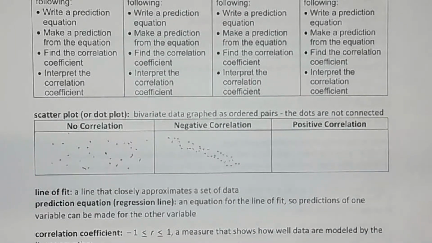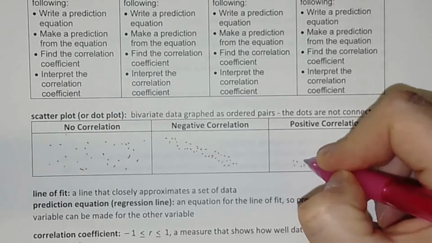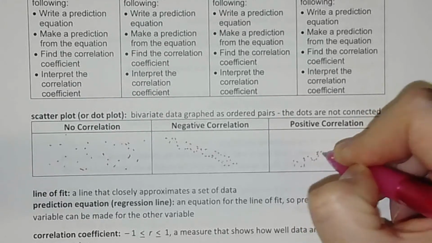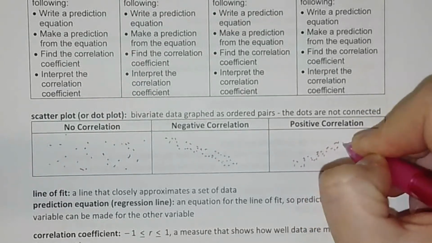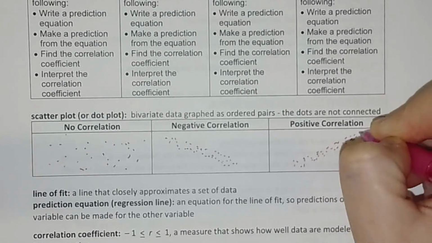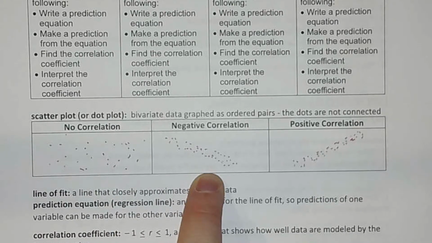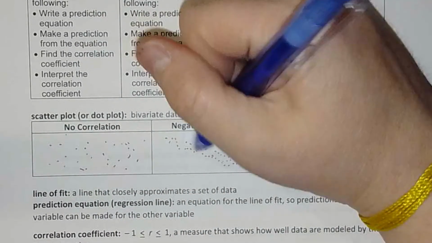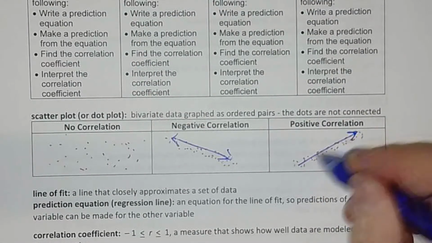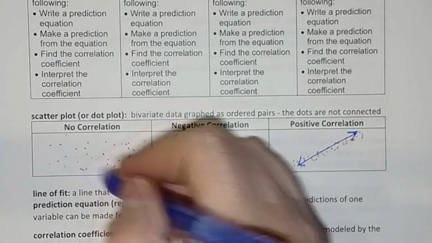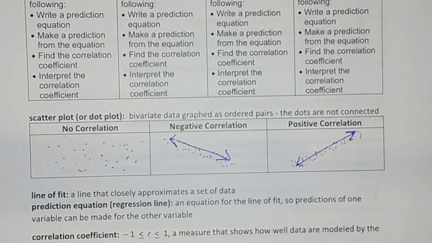And positive correlation is data that forms a positive slope or line. So with no correlation, the data is spread out. With negative correlation, you can form a negative slope or negative line. And with positive correlation, there's a positive line, whereas with no correlation you can't really draw a line to connect the data.